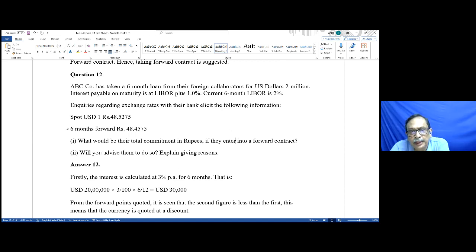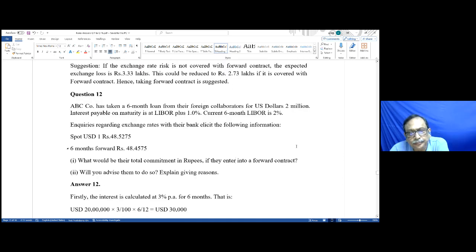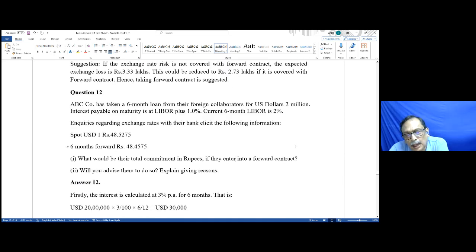Now, number one, what would be their total commitment in rupees if they enter into a forward contract? And in the second part, it is given, will you advise them to do so? Explain giving reasons. Now, let us proceed.